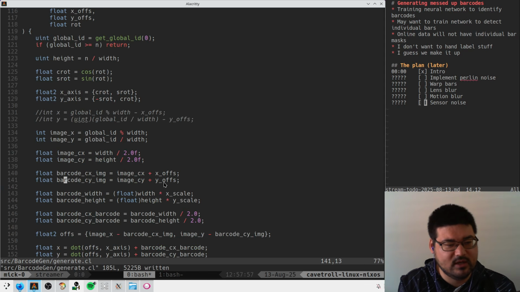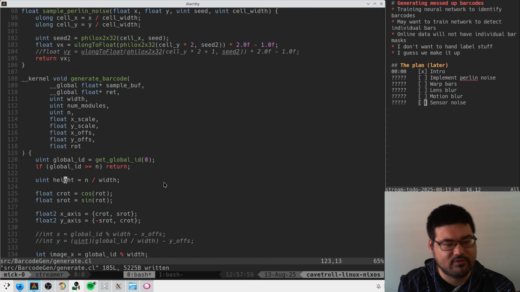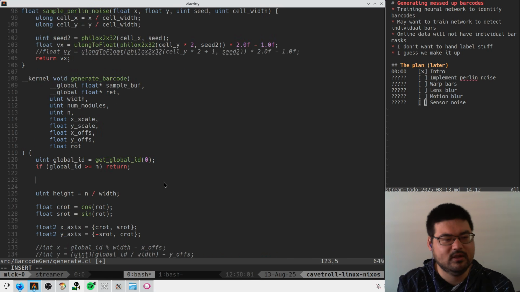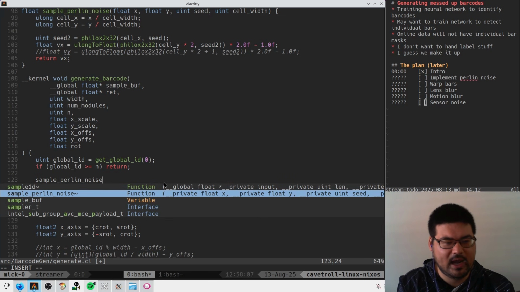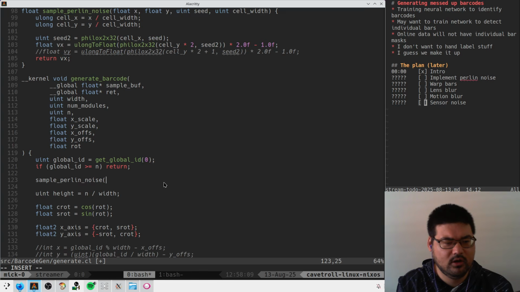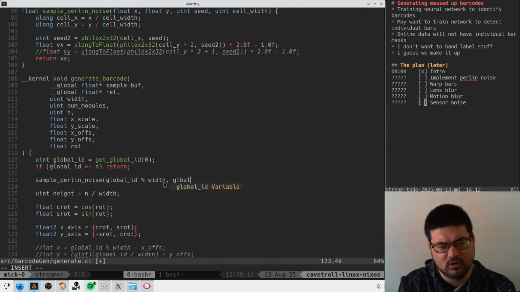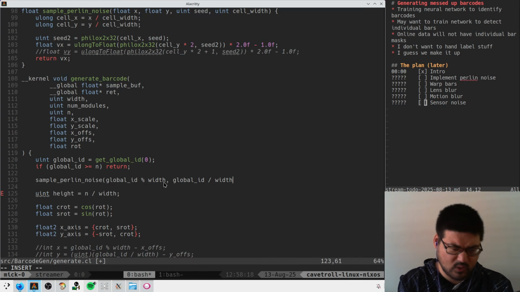So let's say that here, instead of whatever we were doing, can we just sample Perlin noise at our global ID percent width, global ID over width for XY, right?